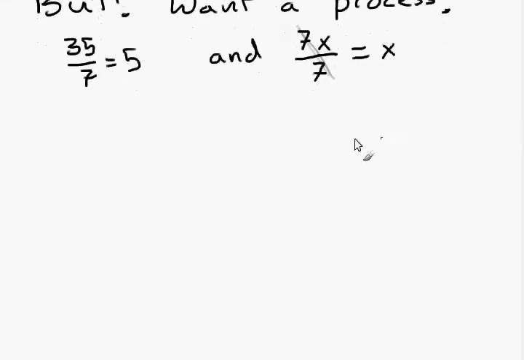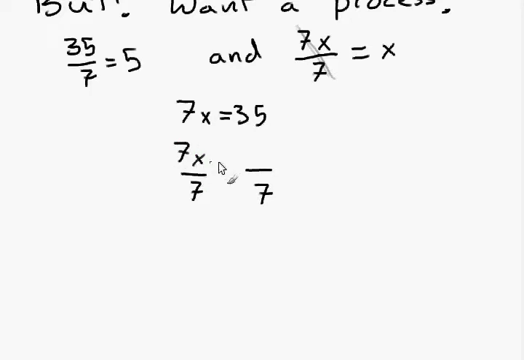So we take 7x is equal to 35. I'm going to divide both sides by 7. Got to do it to both sides. Now, 7 divided by 7 is 1. The left-hand side reduces to x. 35 divided by 7 is 5. We've got our solution.